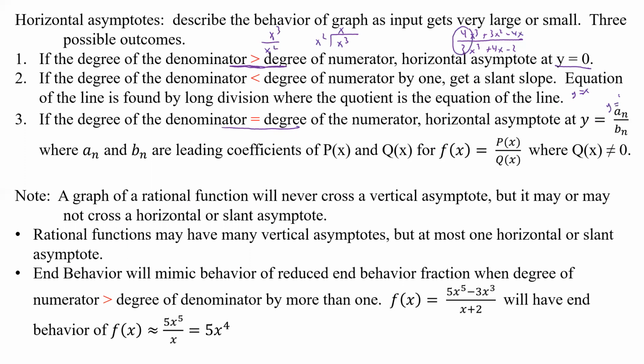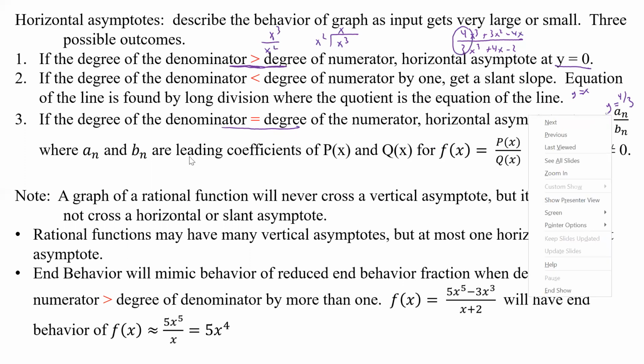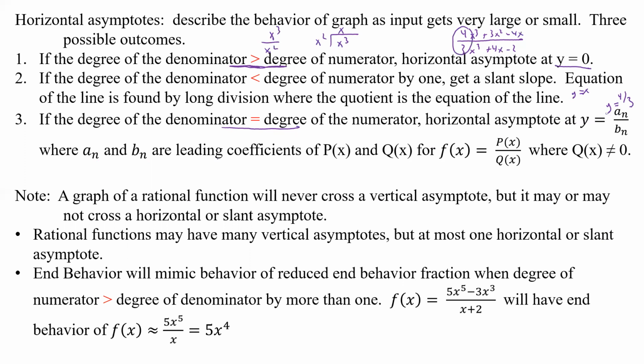So y equals 4/3 will be our horizontal asymptote. Here a sub n and b sub n are the leading coefficients, the leading terms of p and q for p of x over q of x. And again, q of x cannot equal 0, just like we saw before.